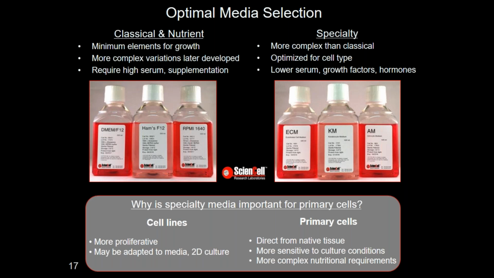Normal primary cells are less proliferative than cell lines, have more complex nutritional requirements, and are more sensitive to the culture environment. Many independent labs have spent considerable time and money optimizing their own culture media for primary cells, usually using a classical or a nutrient medium as the basal.